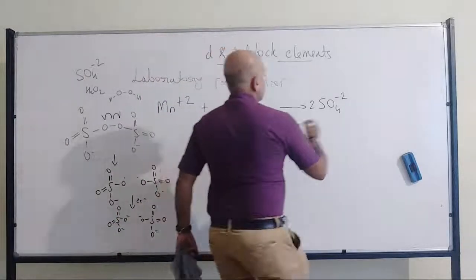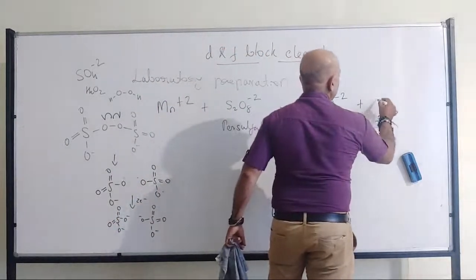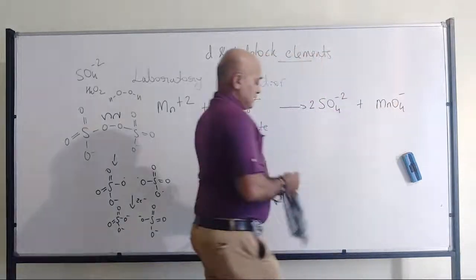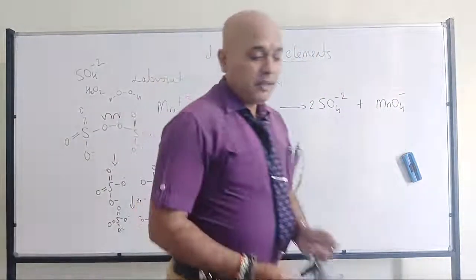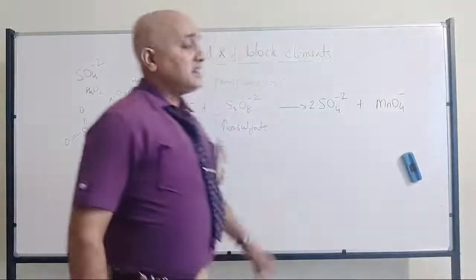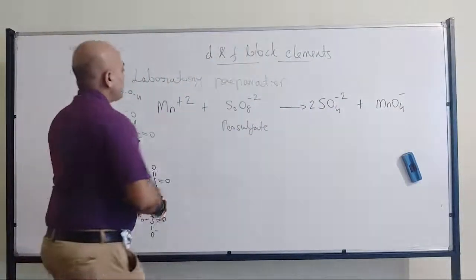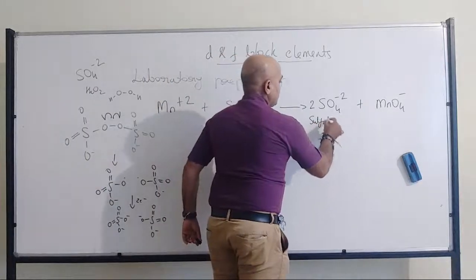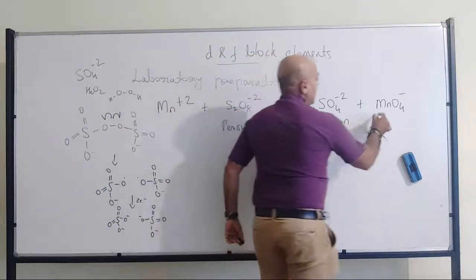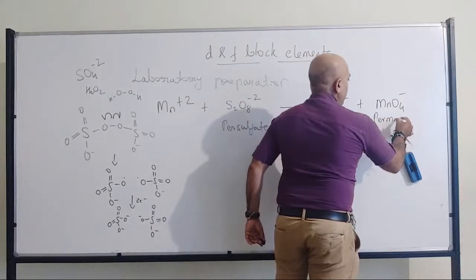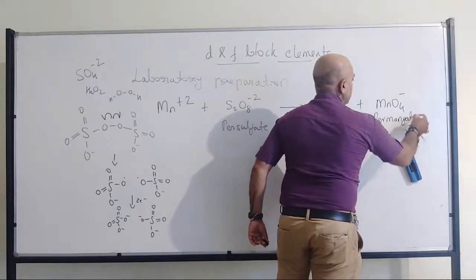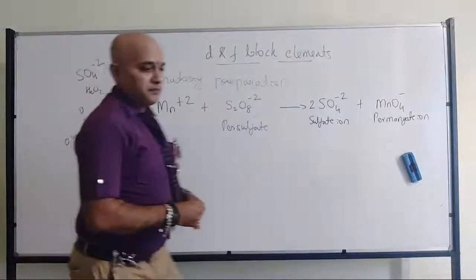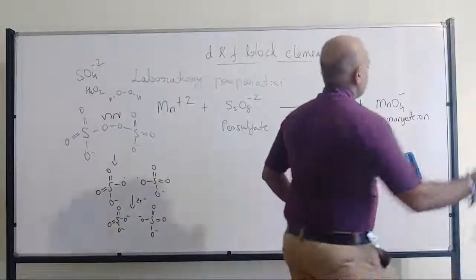Now, next, this Mn plus 2 will become MnO4 minus. That's where we have the permanganate. So this is the sulfate ion and this is the permanganate ion.